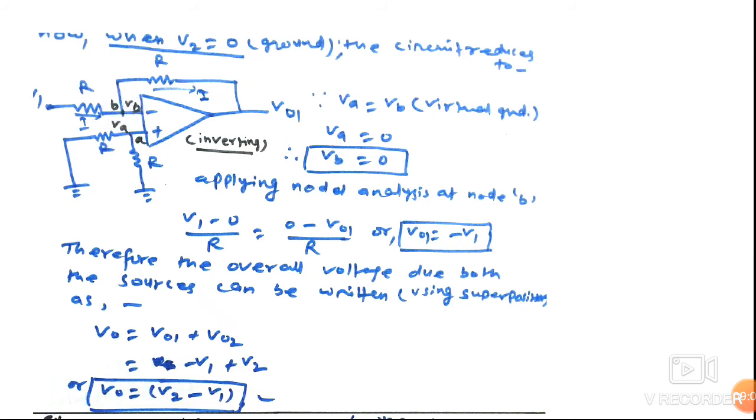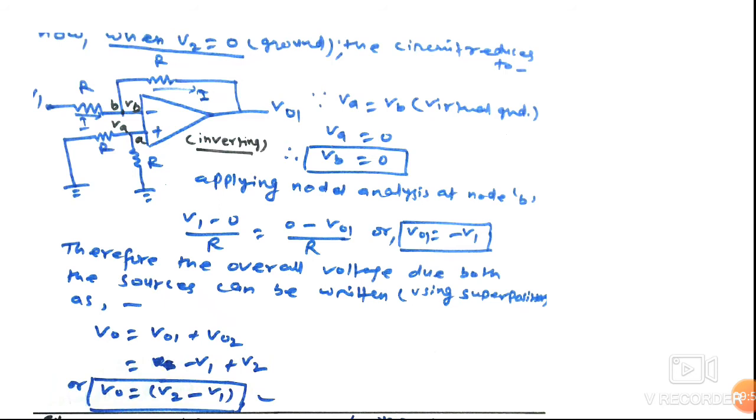So we can write V1 minus 0 upon R, that is this current, is equal to 0 minus V output 1, that is output due to voltage source 1, upon R. Solving this, we get V output 1 equal to minus V1. Simple.